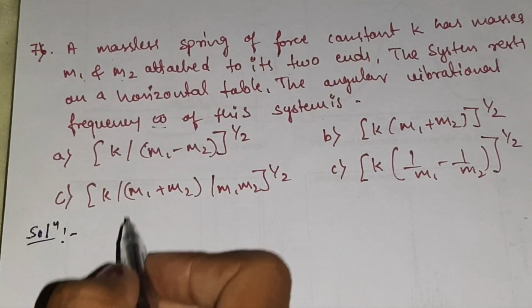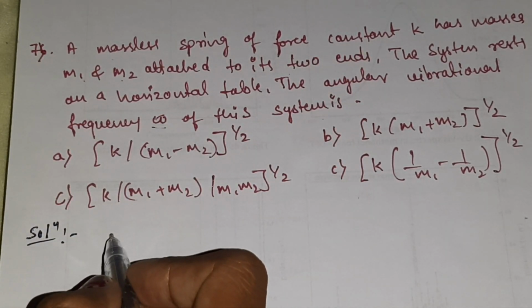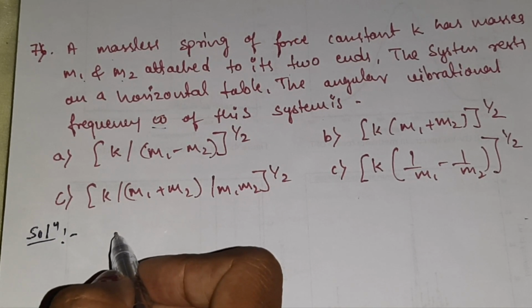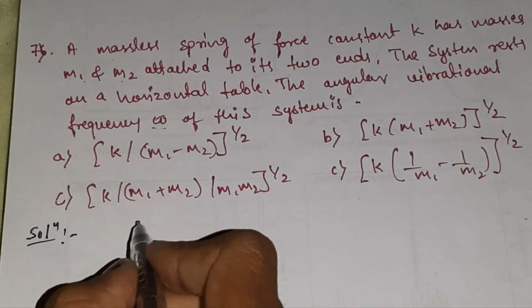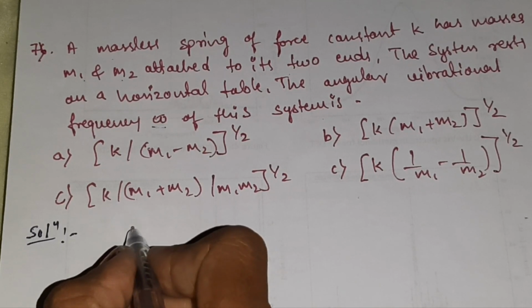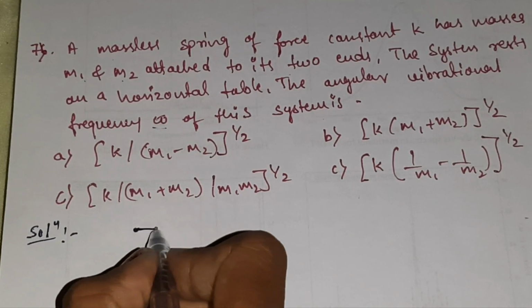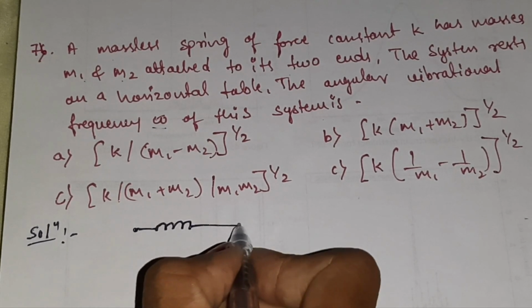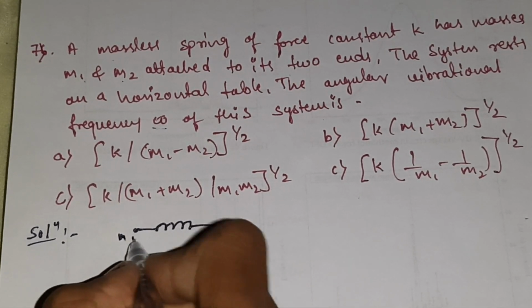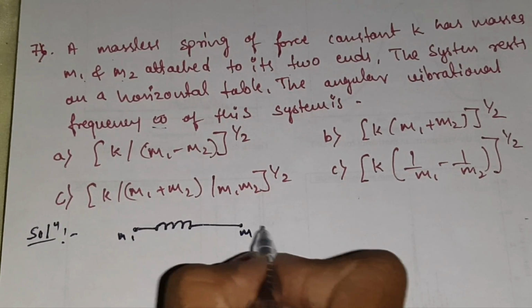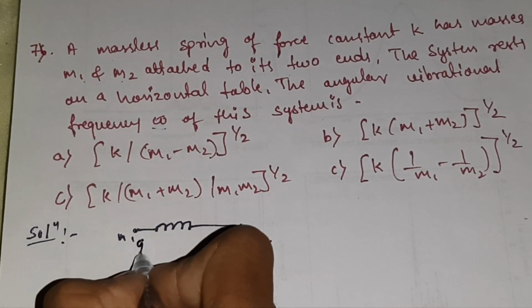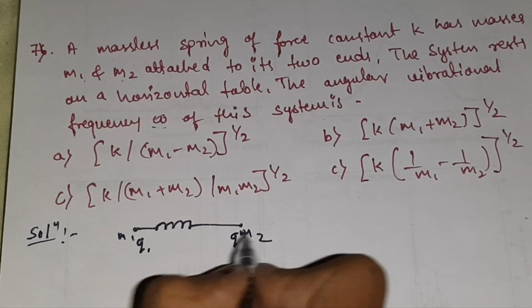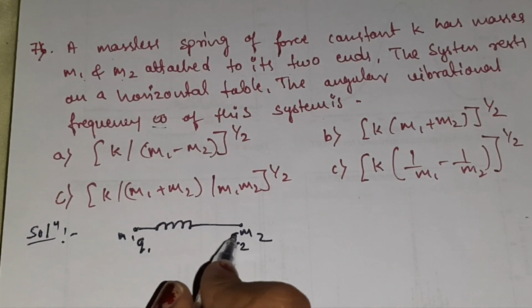According to the given question, the massless spring of force constant K has masses m1 and m2 attached, having the coordinates q1 and q2.